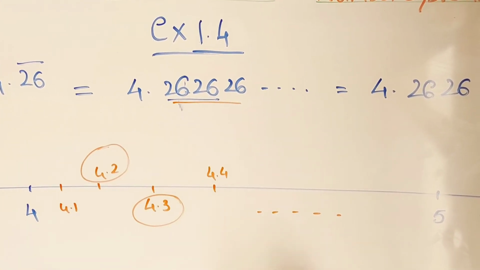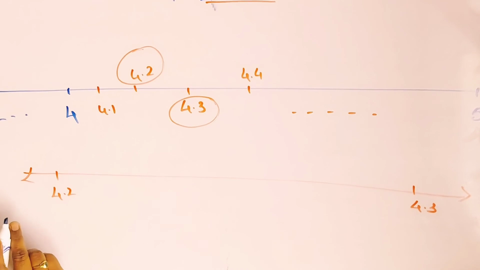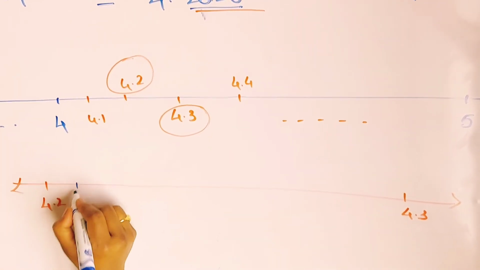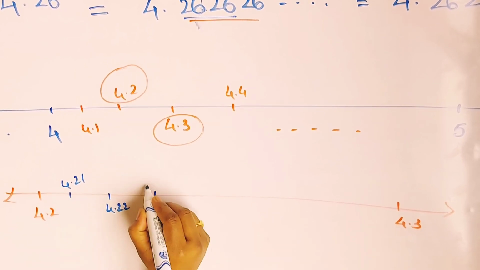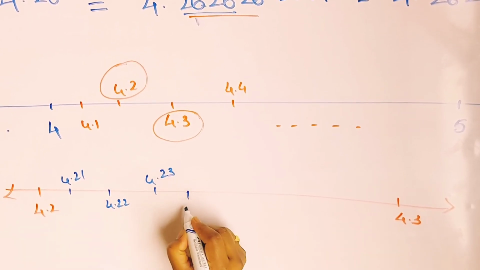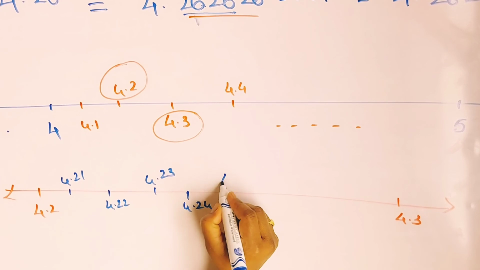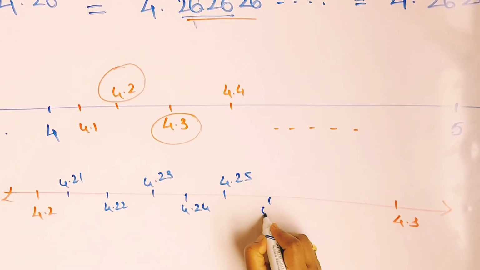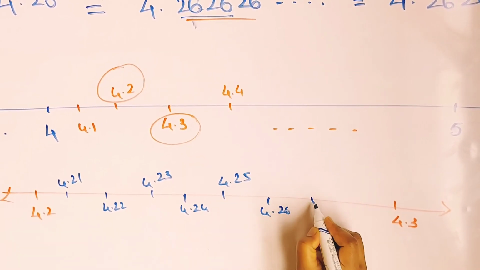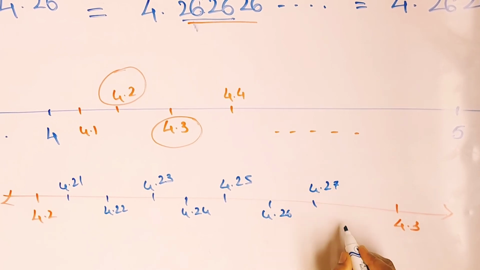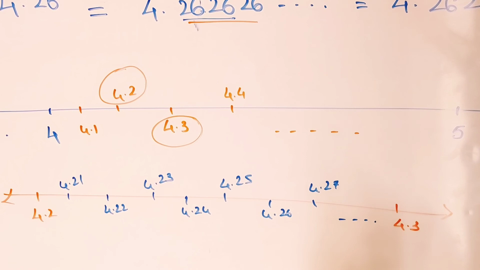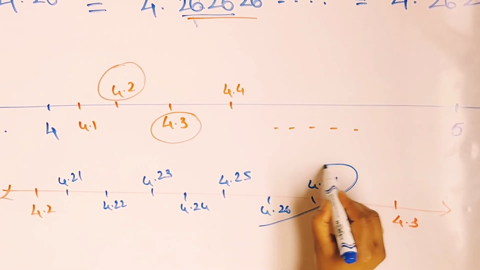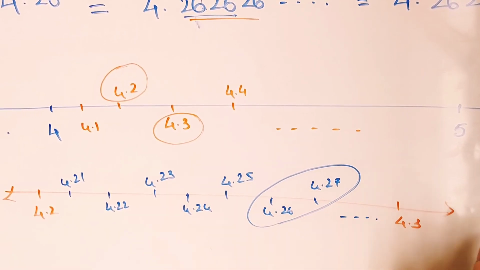Now I am taking that number line. Now 4.2 after numbers, children. It is 4.21, 4.22, 4.23, 4.24, 4.25, 4.26, 4.27, so on. Our number is 4.2626. That means it is in between 4.26 and 4.27.